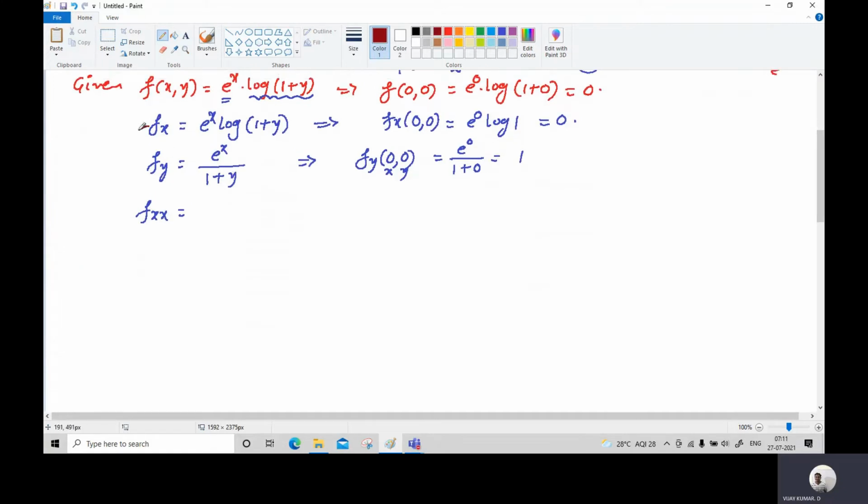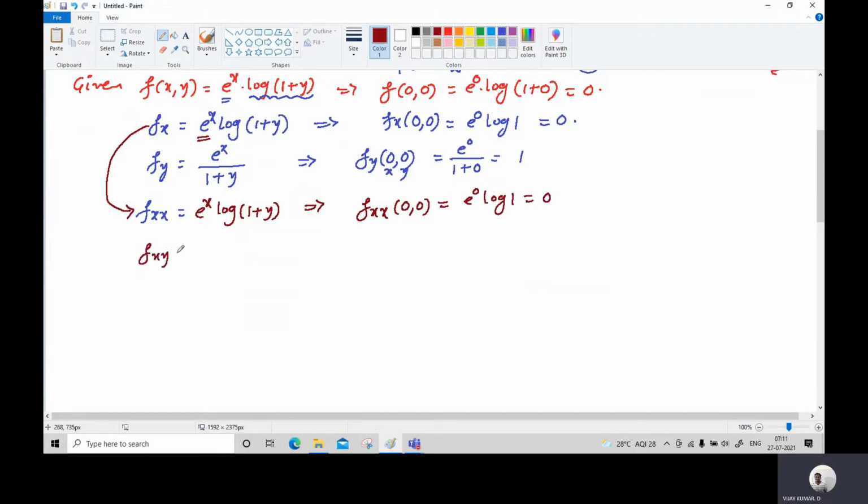So already the first order partial derivative is here. Again we have to take the partial derivative with respect to x again, only e power x is the variable, differentiation of e power x is e power x. So you will get e power x into log of 1 plus y. Okay, so replace the values. F double x at origin is equal to e power 0 into log 1 again. Log 1 means 0, 0 into anything is 0.